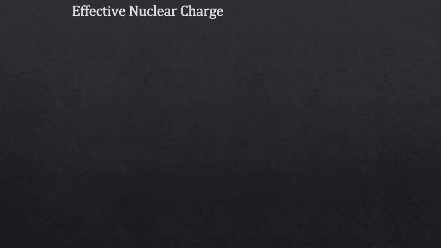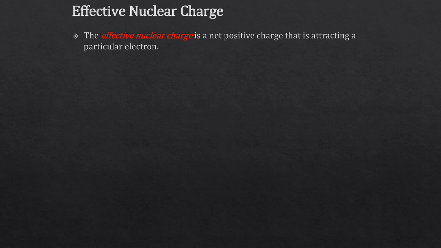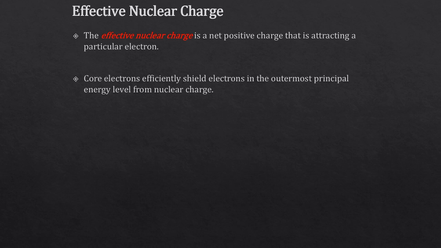To help understand the size of this atom, it can help to talk about a concept we call effective nuclear charge. The effective nuclear charge is the net positive charge that is attracting a particular electron. As you might imagine, if a positive charge is pulling an electron in, it'll help make the atom smaller. What happens is that core electrons effectively shield electrons in the outermost principal energy level from the nuclear charge of the nucleus.